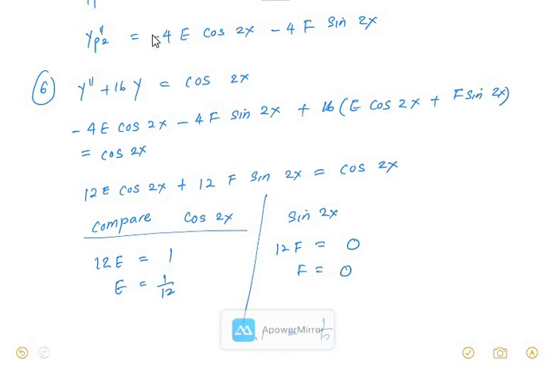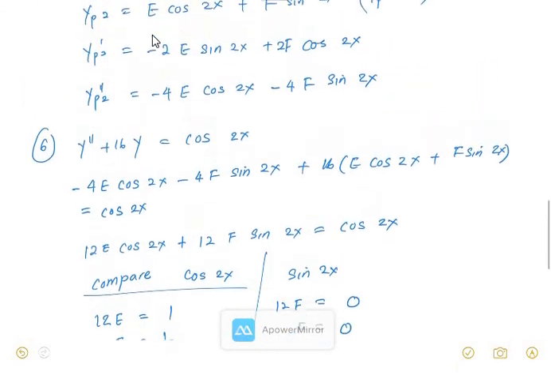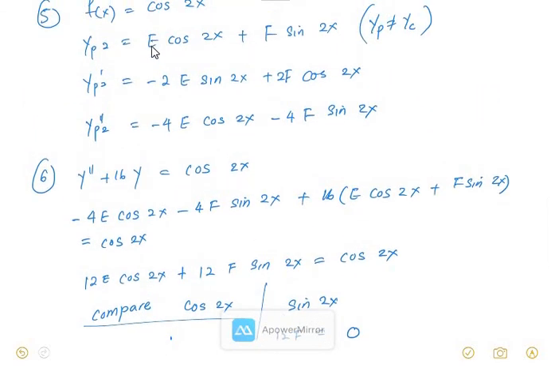So you get 1 over 12 cos 2x. So this is yp2. Your e is 1 over 12.